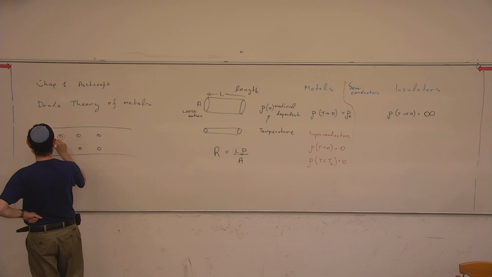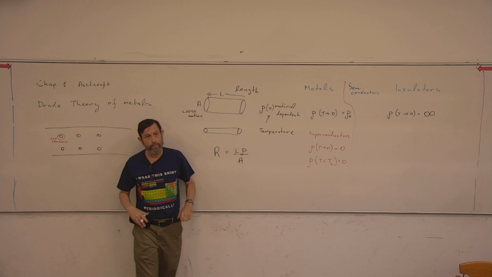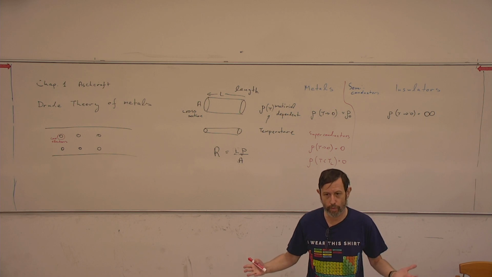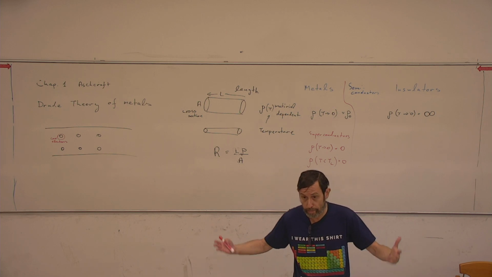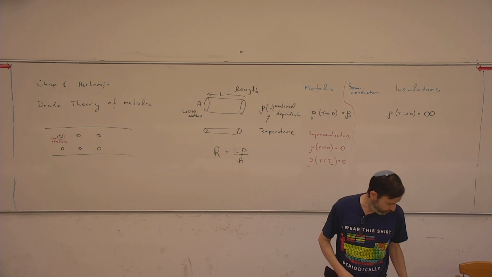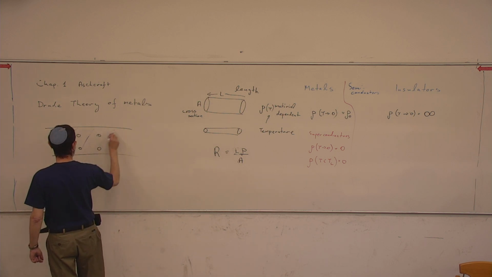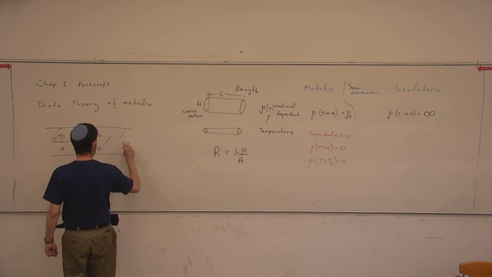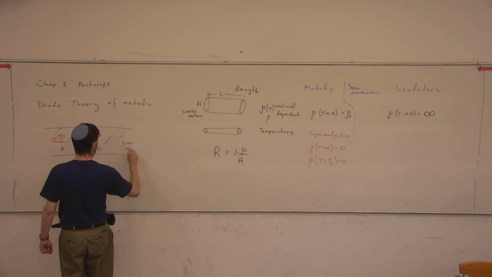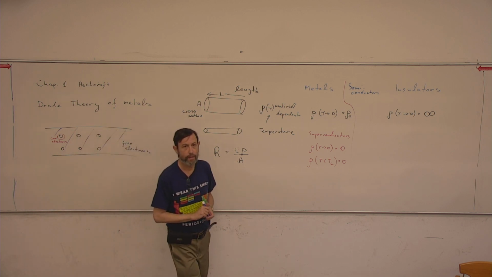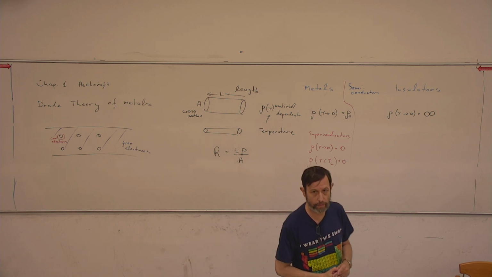And these are core electrons. And some number of electrons, usually assumed to be of order 1, when I say order 1, it could be 2, 3 per atom, are free electrons living everywhere in this matter.